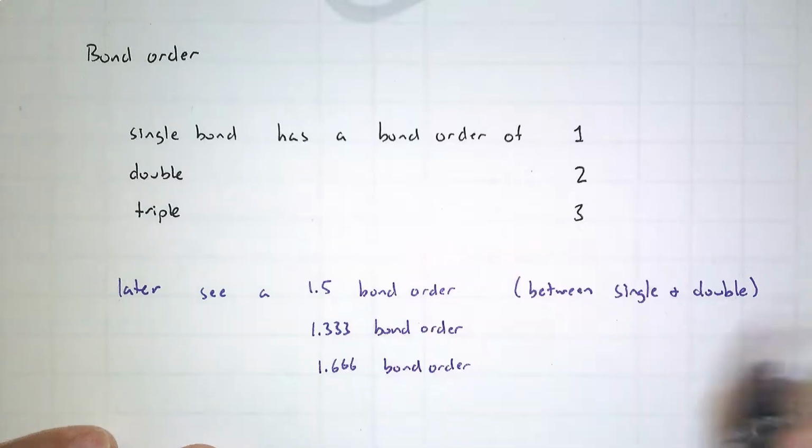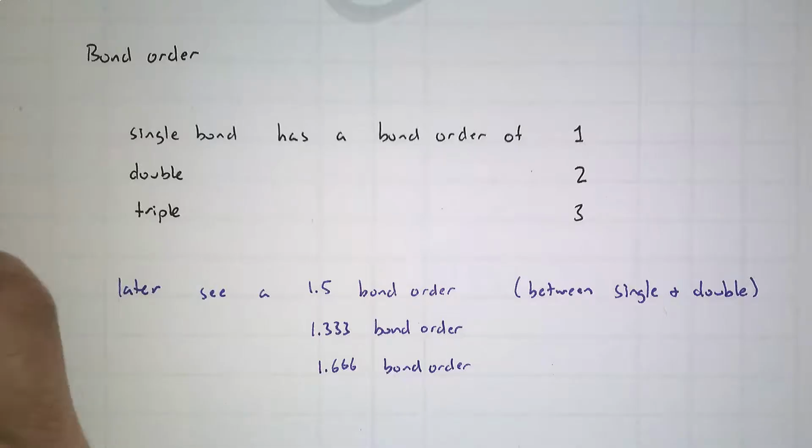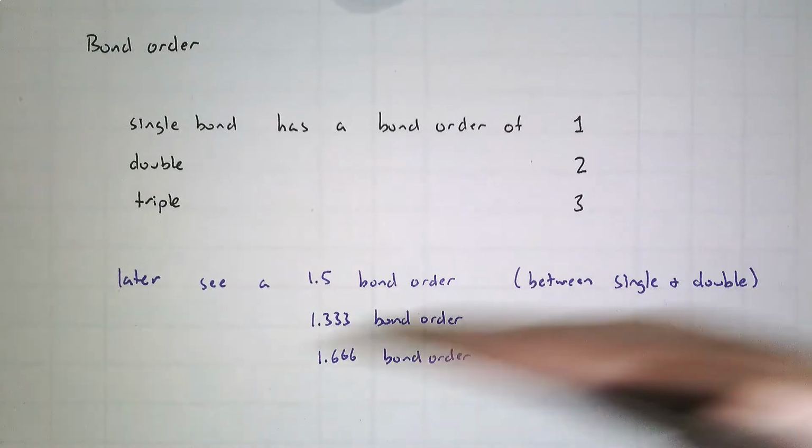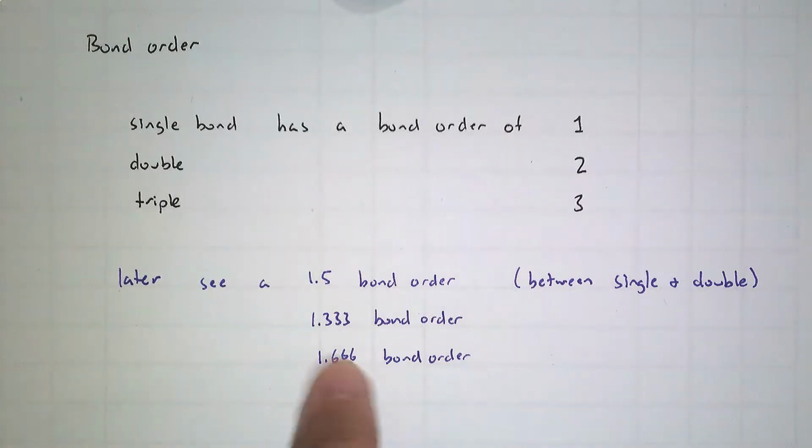Okay. Thus far, the way we draw bonds, it's either a single bond, double bond, or triple bond. I'll show you in a future video, once we understand what the bond orders are, these fractional or decimal bond orders, how to draw those. Okay, it's probably something that is going to be new to a lot of you.